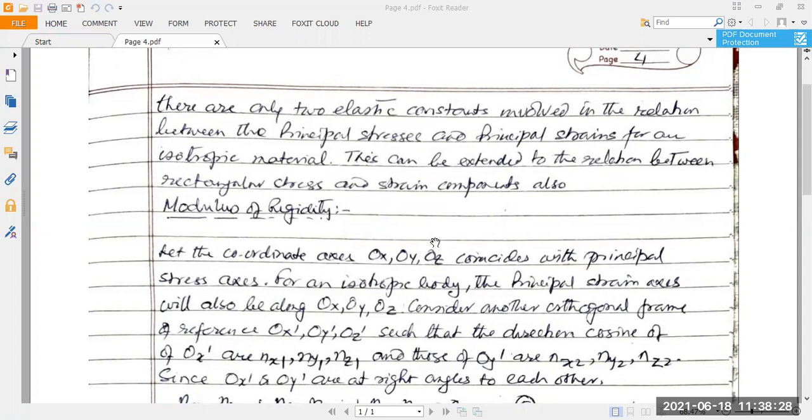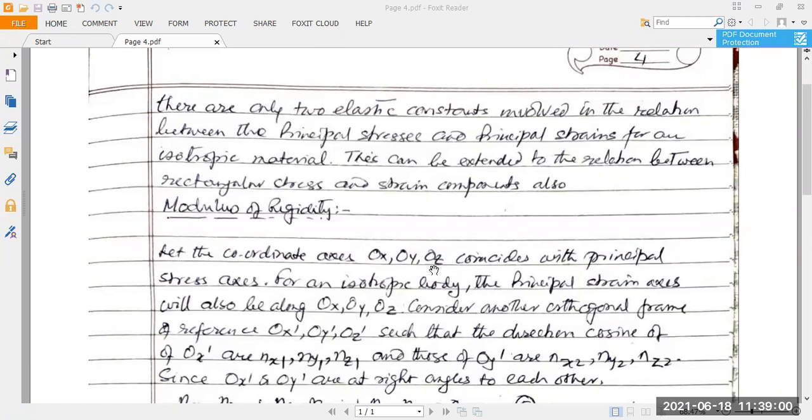For the benefit of our calculations, to reduce the huge number of constants and invariants to a certain extent, we decide that these OX, OY, and OZ axes coincide with the principal stress axes of the particular item under consideration.